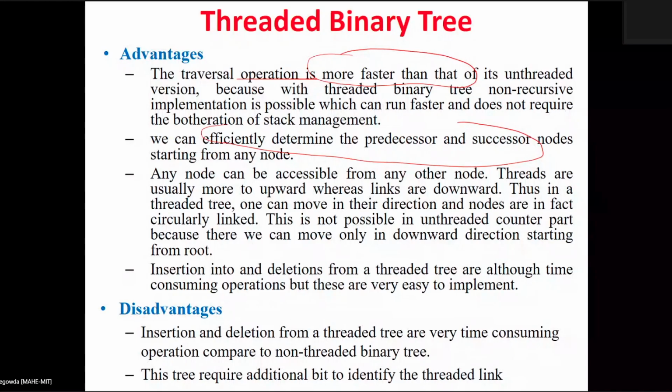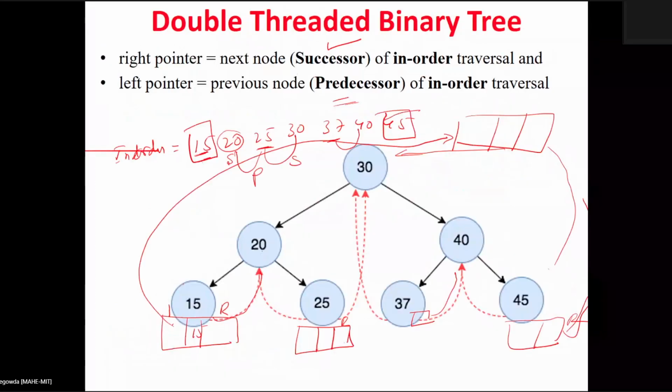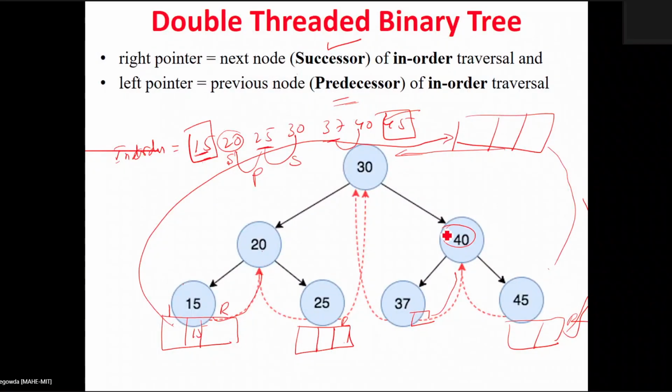We don't need to start from the root node. In this example, you can start traversing from node 40, but this is not possible in the conventional traversal method. This happens only with threaded binary trees.